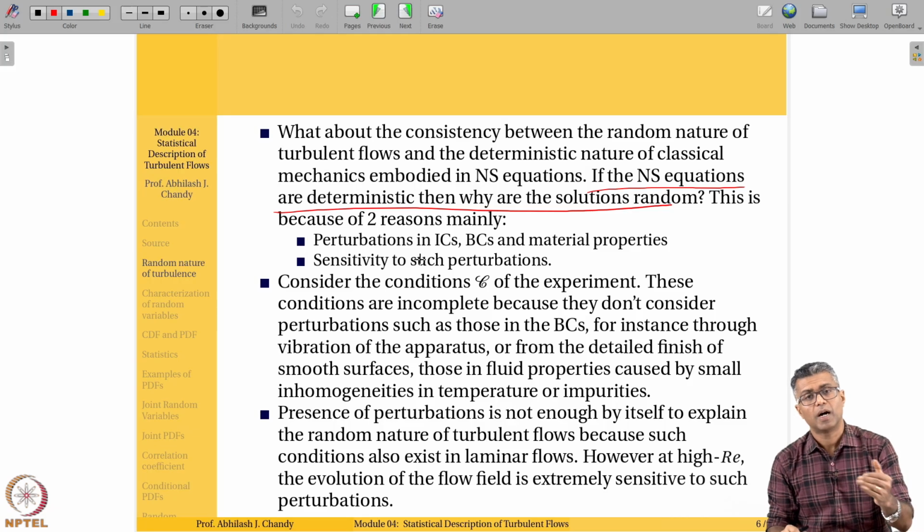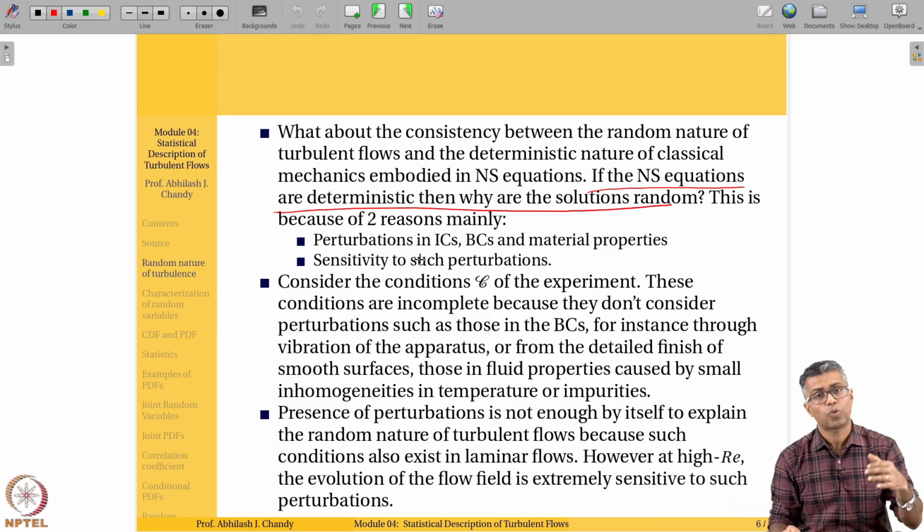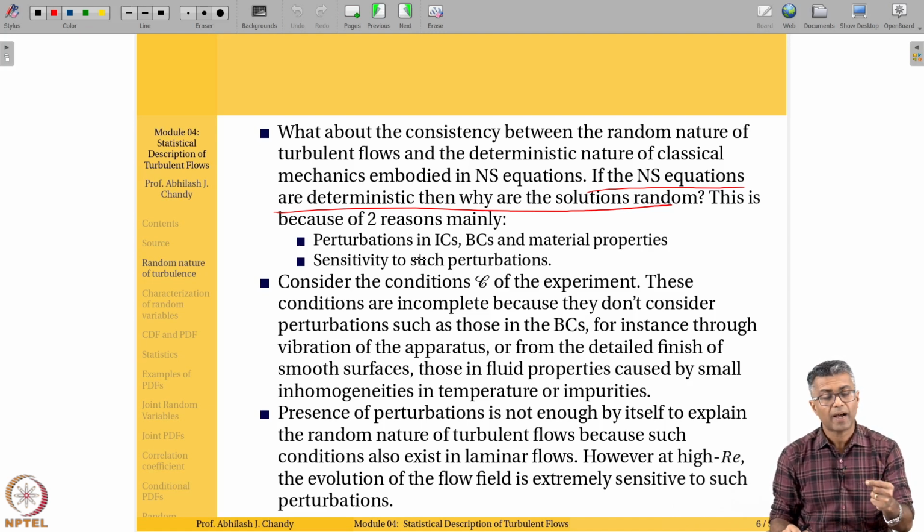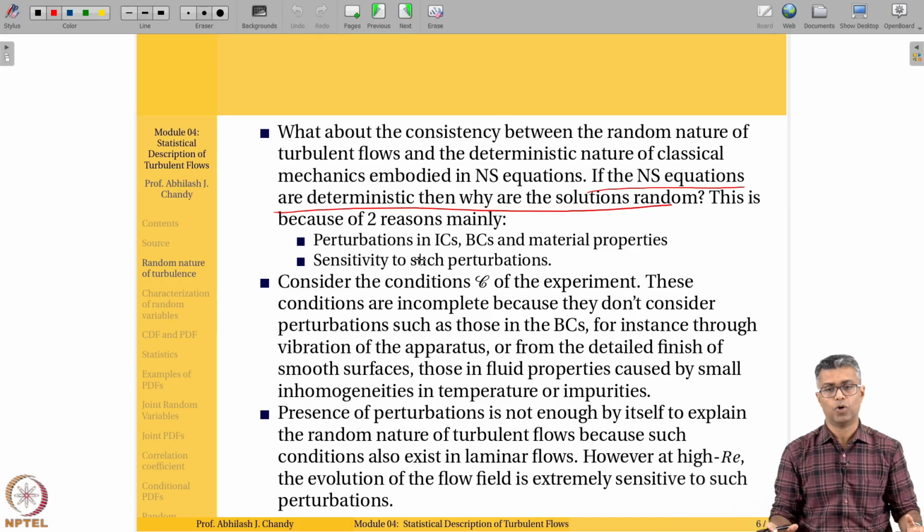Let's say you are doing an experiment on water flow in a pipe. The water need not be perfectly clean. Yes, you want it to be clean, say you want to use distilled water, but it might not be perfectly clean. There might be some impurities in it. Once you have impurities, the way it behaves could be different from perfectly clean water.